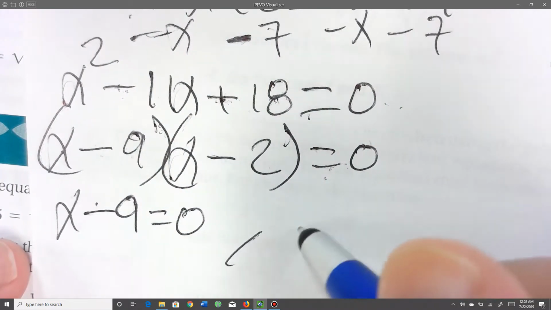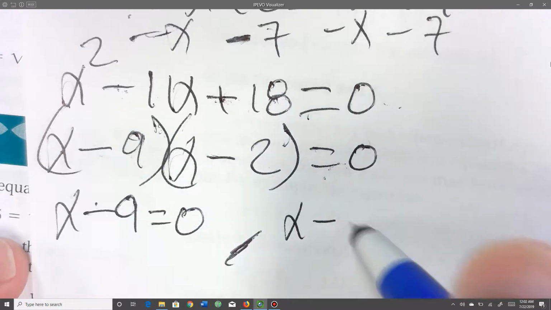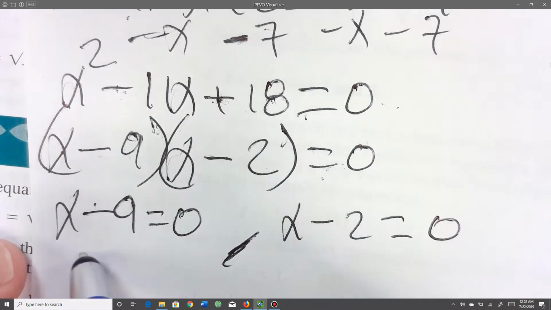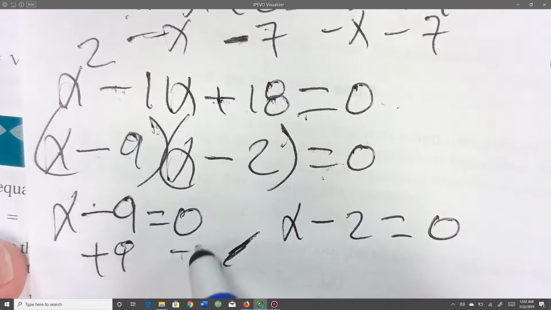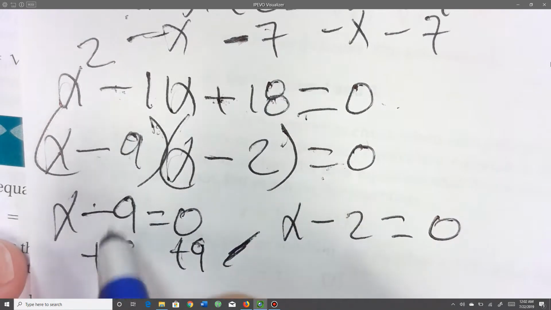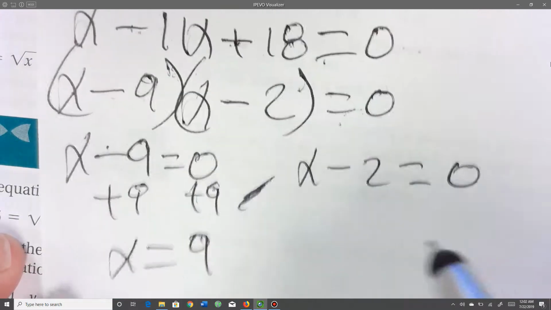So that's a comma right there, and then x minus 2 equals 0. Use the addition principle. X, this adds up to 0. X equals positive 9.